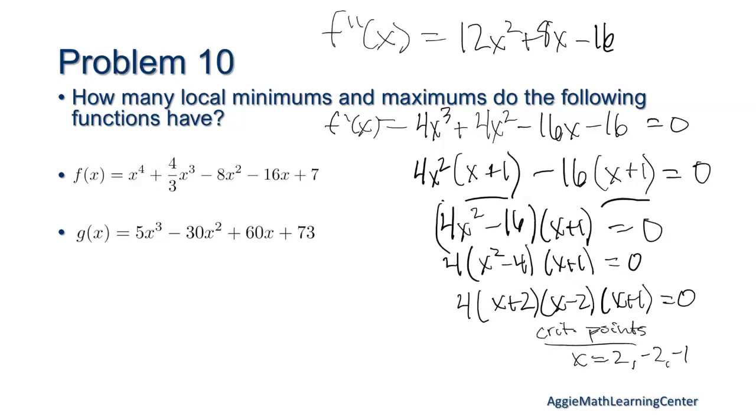Yeah, let's just throw our critical points in there. So f double prime of, I don't know, we'll start with 2 is equal to 12 times 2 squared plus 8 times 2 minus 16. Is positive, because it's 12 times 4, which is 48.